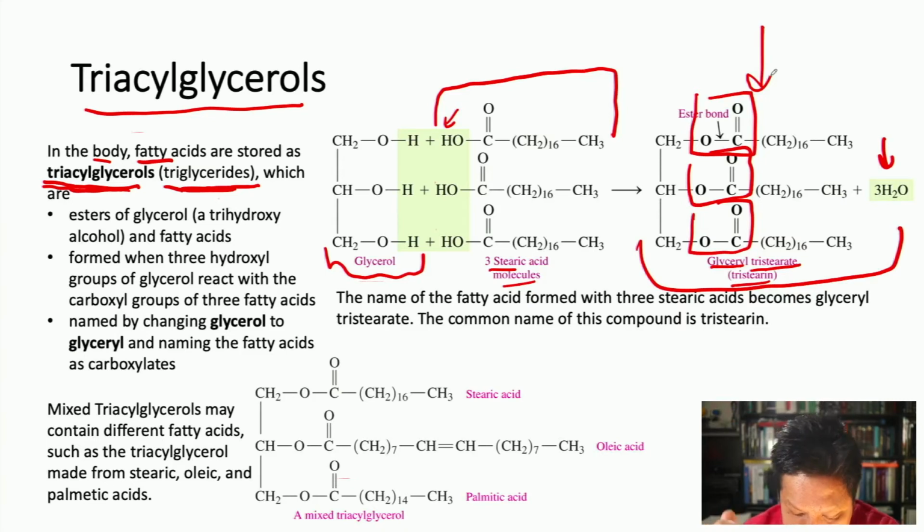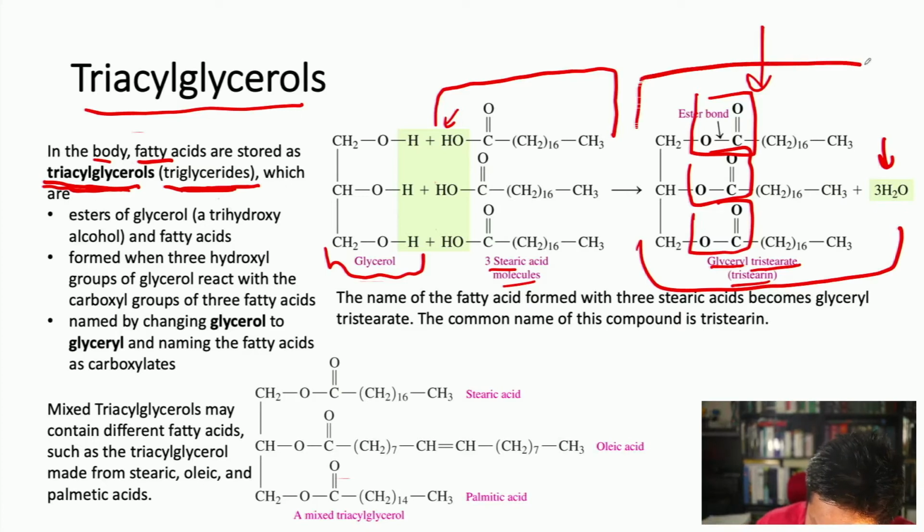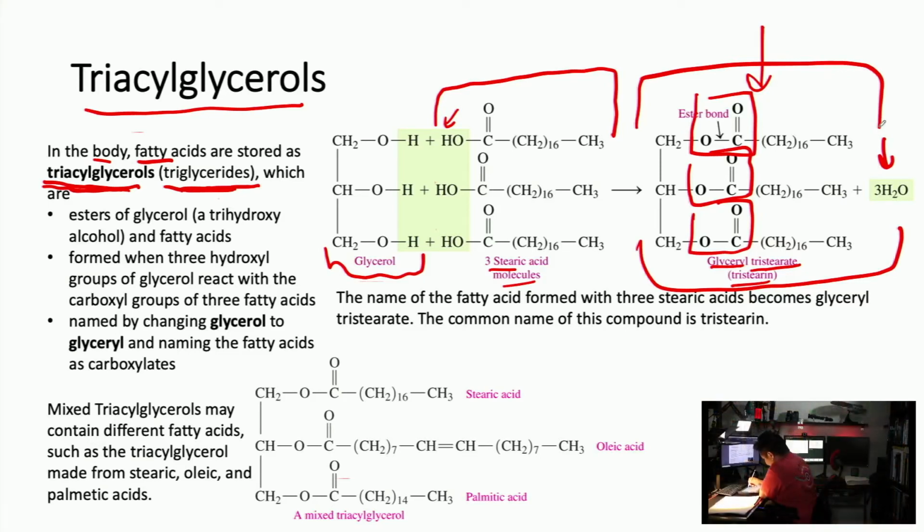So when you consume these triacylglycerols, for example this one right here, it goes in your stomach, and your body has these enzymes called lipases. These lipases break it down into their substituent fatty acids and glycerol, so individual stearic acids, just so that they can be transported.